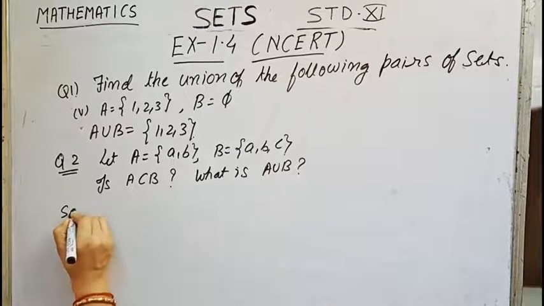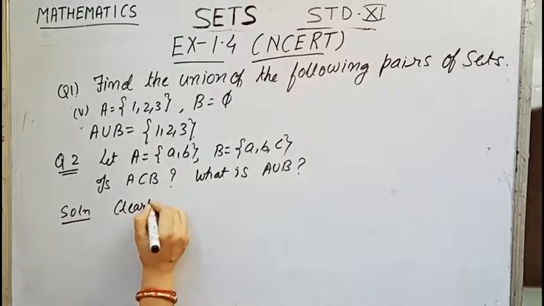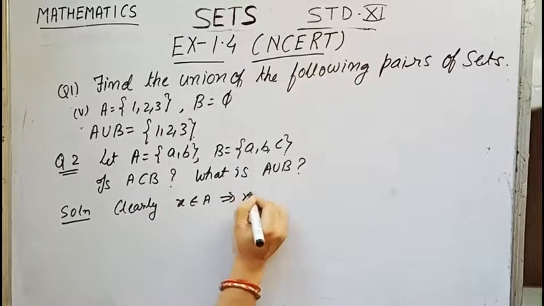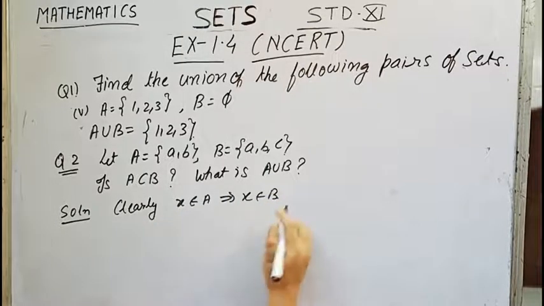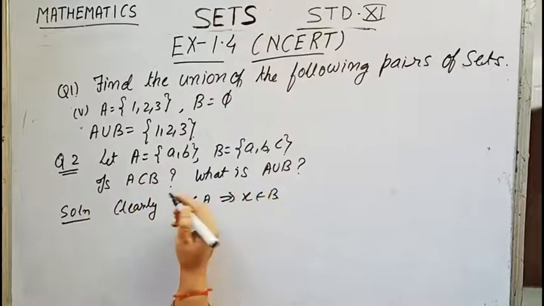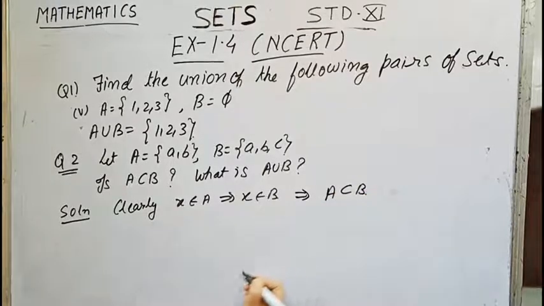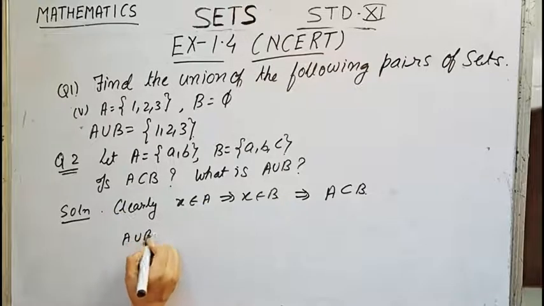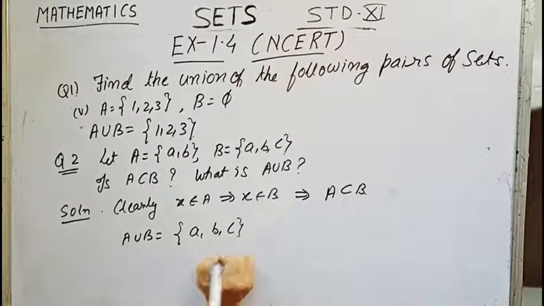So in the solution part we will be writing clearly x belonging to A implies x belongs to B. This language also you can write, or you can also write clearly all elements of A are contained in B, implies A is a subset of B. Now second part, A union B. A union B equals a, b and c.